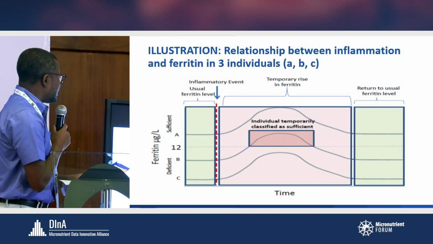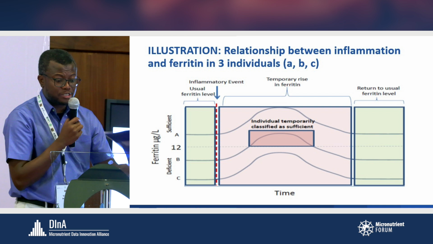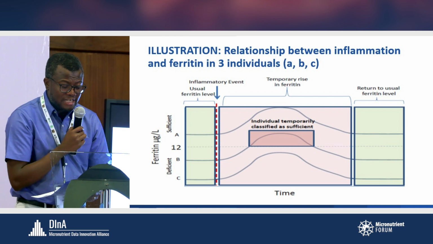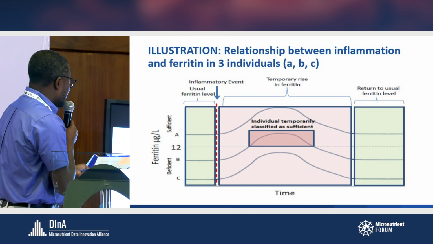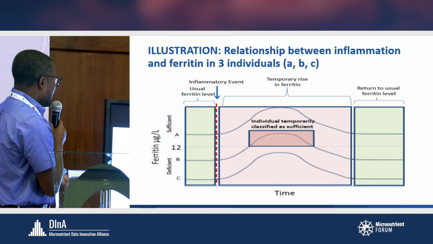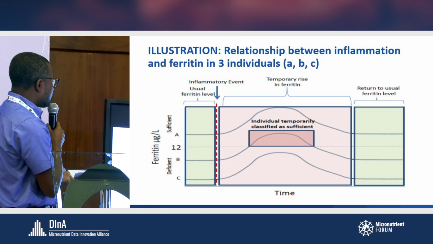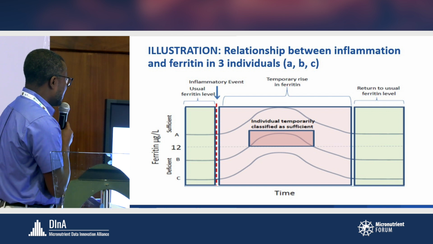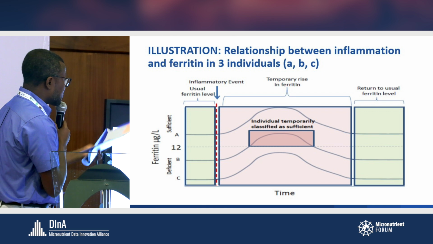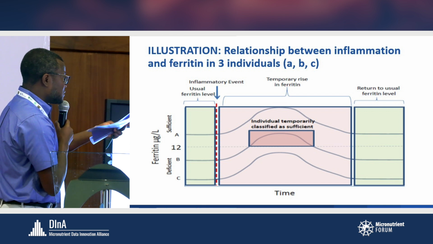Here we show a relationship between inflammation and ferritin, which we use to measure iron deficiency. We have three individuals, A, B, and C. Let's say individual A is a child. The threshold for iron deficiency is 12. For individual A, there is no problem because when there is an infection, they are iron sufficient.